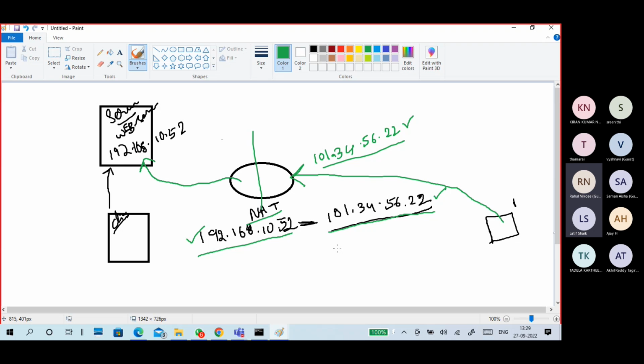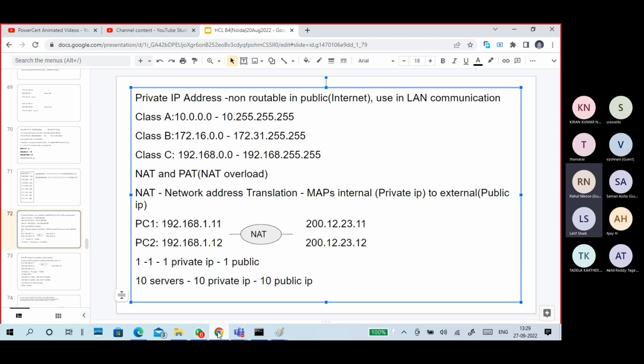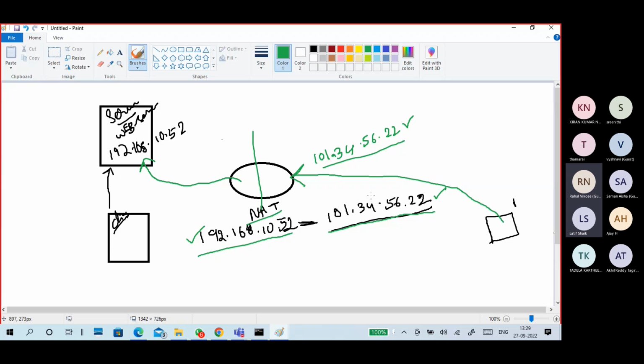We only get publicly announced IP addresses. Guys, this is called NAT, network address translation. It maps internal or private IP addresses to external IP addresses. The number of servers you have, that many public IP addresses you have to purchase. For example, if you have 10 servers, then you need 10 public IP addresses in this technique. Okay, guys, do you understand NAT?